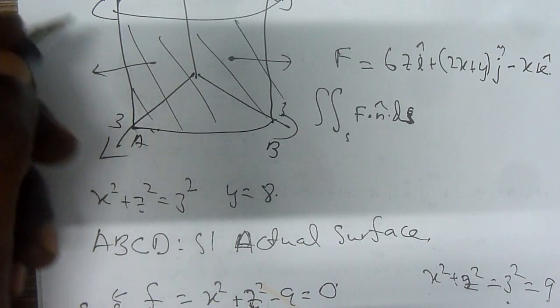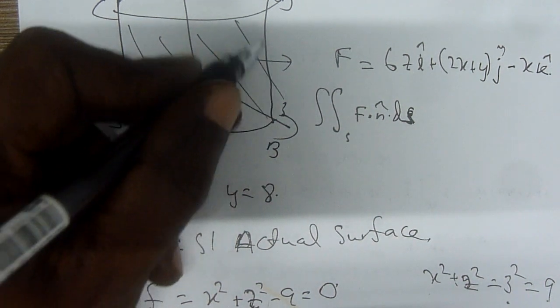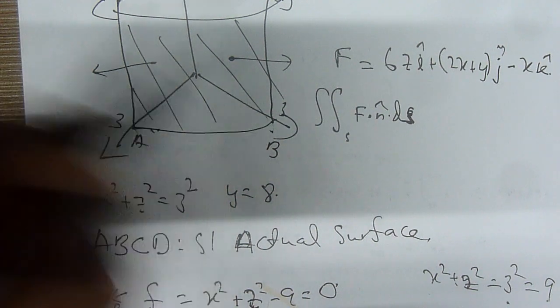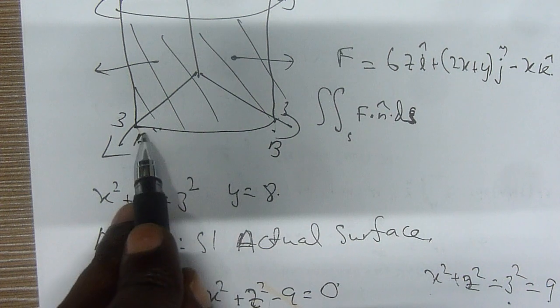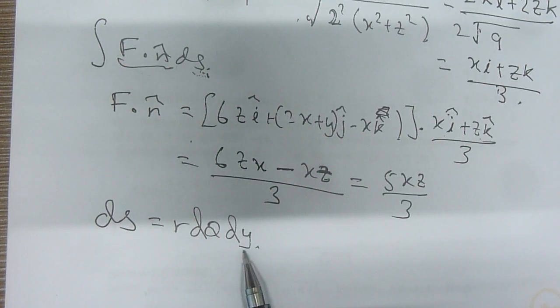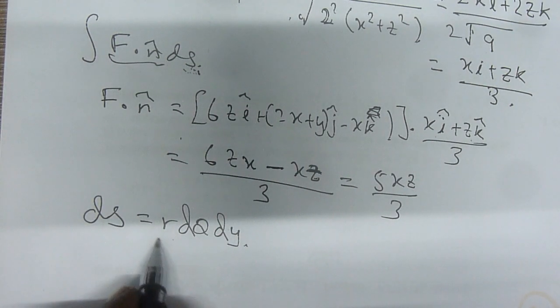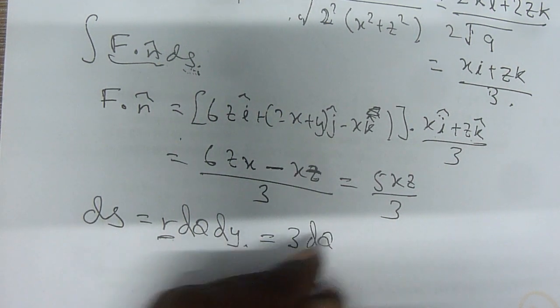Why is dS equal to r dθ dy? Come on, look at this one: the actual surface here, this is dy, right? Can you see that, dy? What about this? r dθ, right? Now you know what this is. That's why I say don't remember the formula. We know r is 3, so dS is 3 dθ dy.